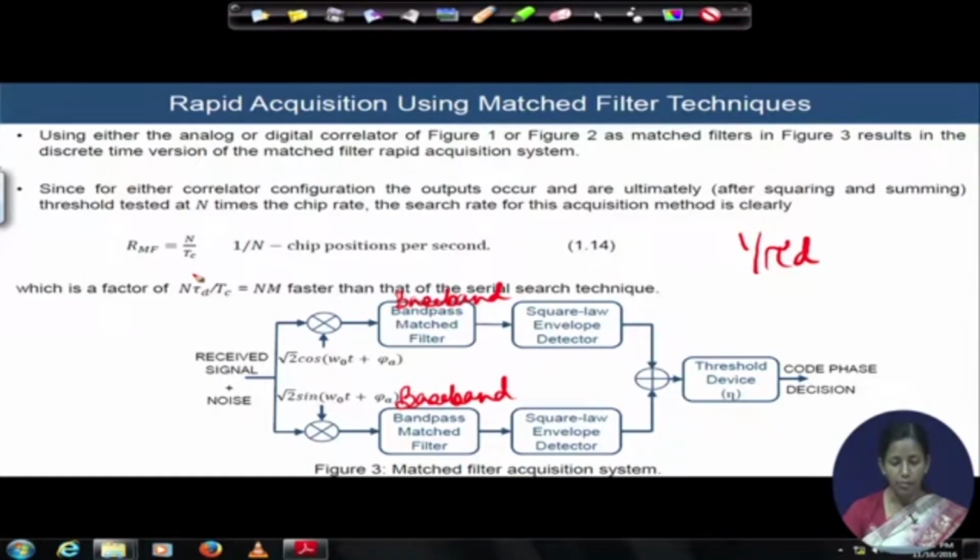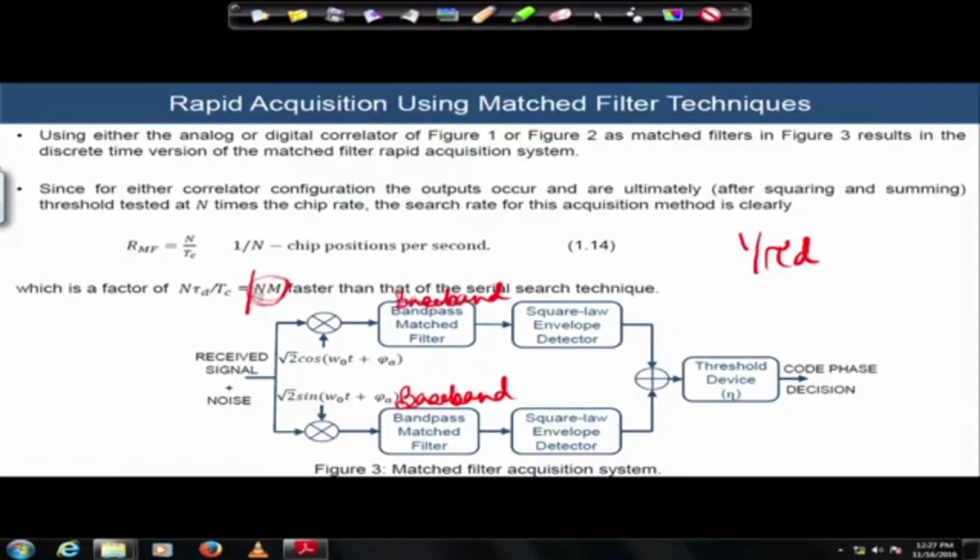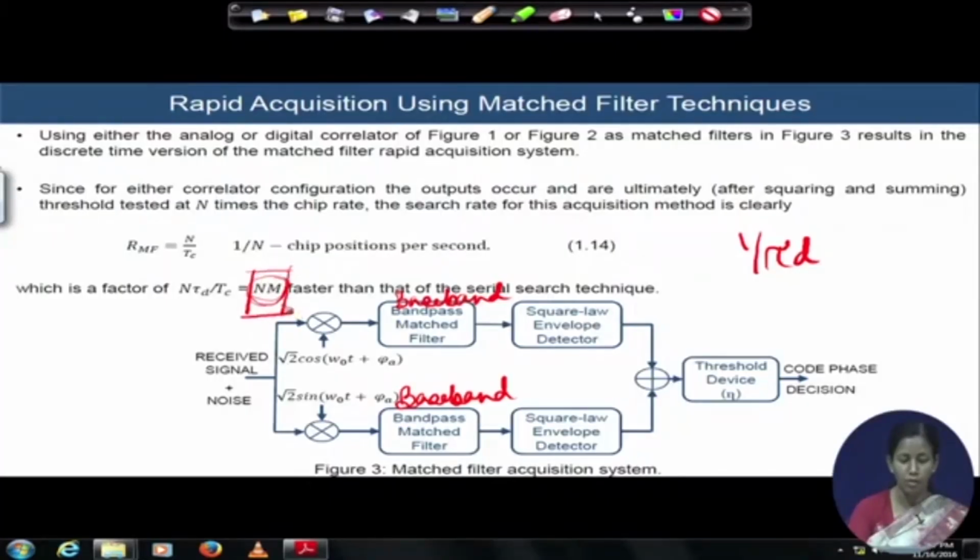And this tau d by Tc is again given by capital M. So you become capital N into M times faster compared to the serial search techniques that the earlier multiplier and integrate-and-dump based acquisition systems were giving you. So there is a gain that matched filter based acquisition can give you.